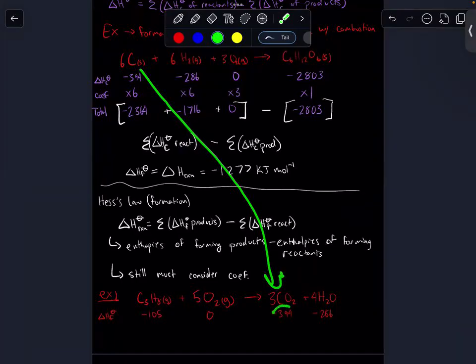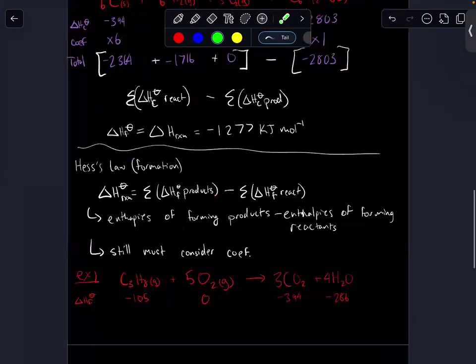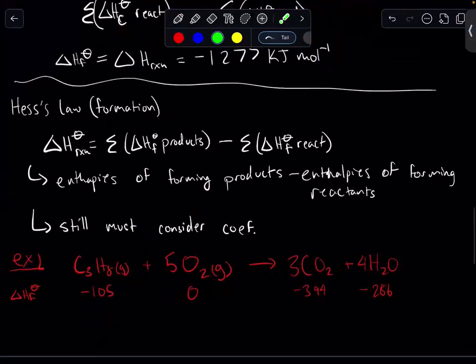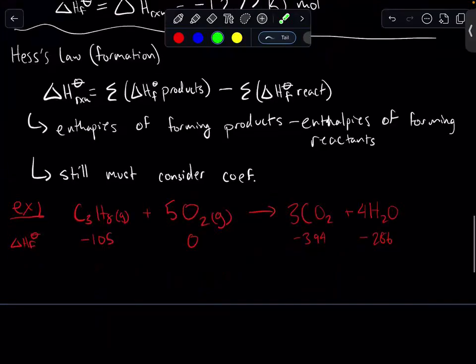To form CO2 also produces 394. So this just makes sense because they are the same reaction. The combustion of carbon is the same thing as the formation of carbon dioxide. Meanwhile, water, which we saw in a previous equation from last video, is still negative 286.